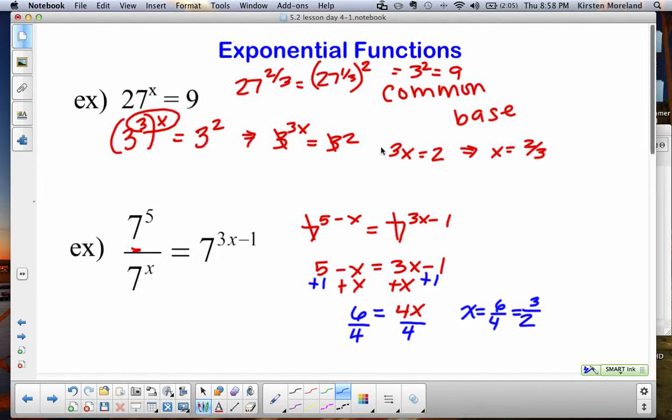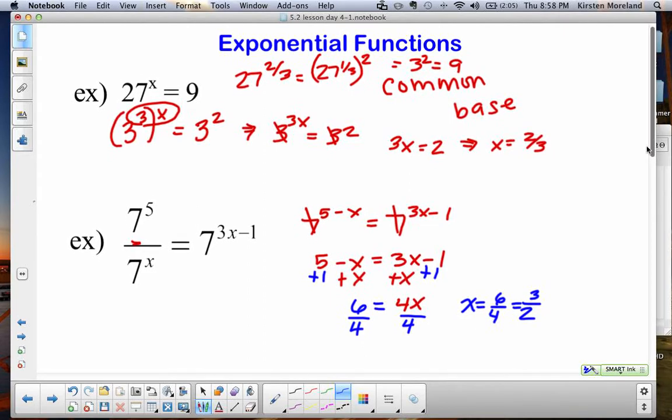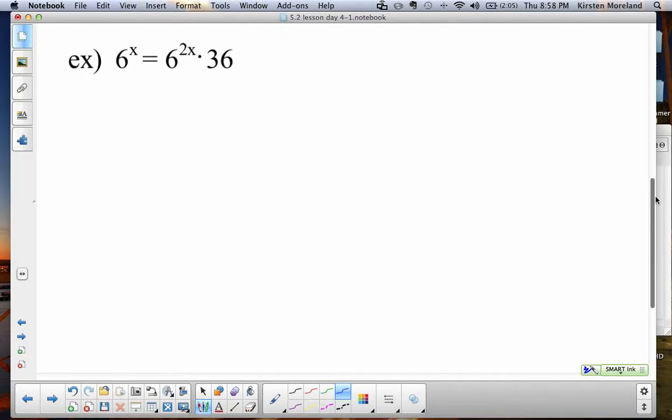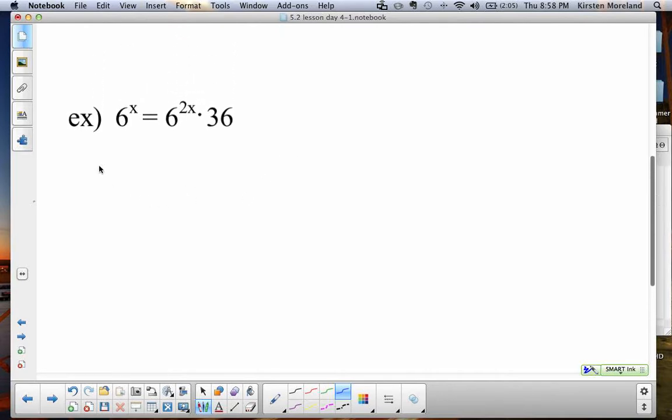Right? Now we're going to move on to the next one. Now we have a base of 6, and so we just have to make this 36 into a base of 6. So I have 6 to the x equals 6 to the 2x times 36, which is 6 squared.